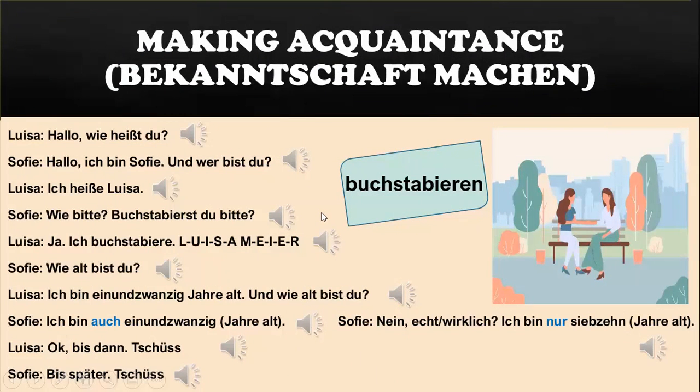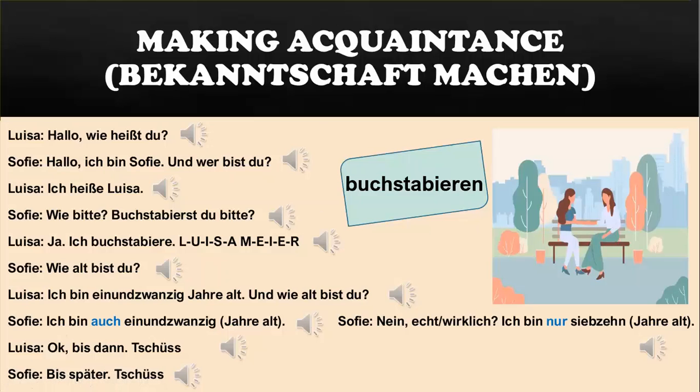You may remember from the previous tutorials the regular verb machen, the new word and noun is Bekanntschaft. But don't worry, you don't need to memorize this word. We'll cover it gradually in later tutorials.